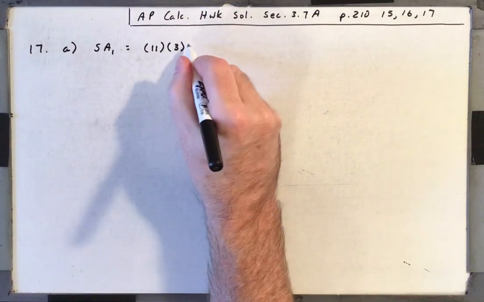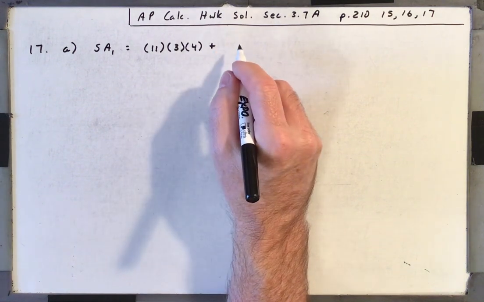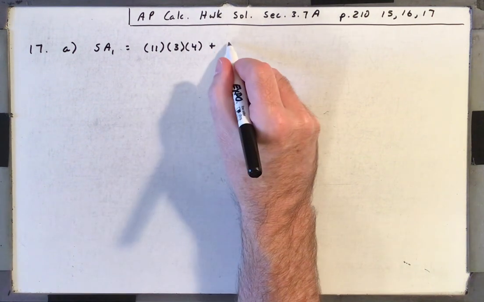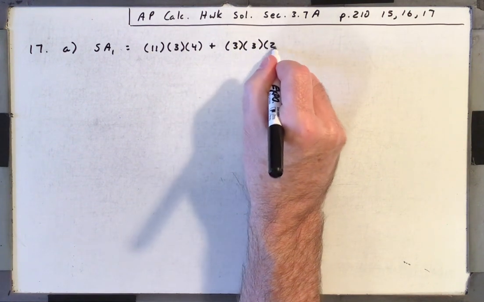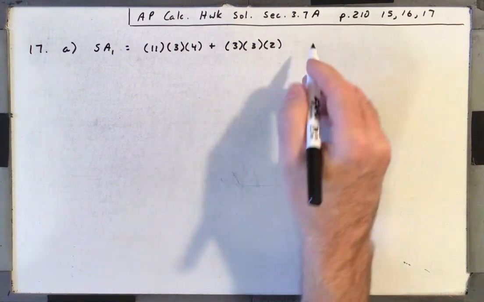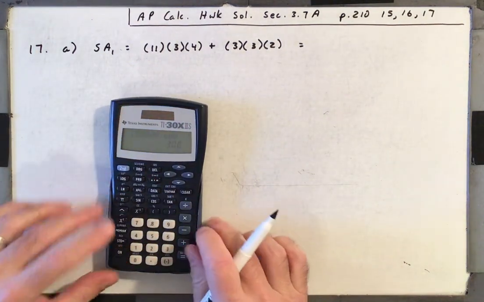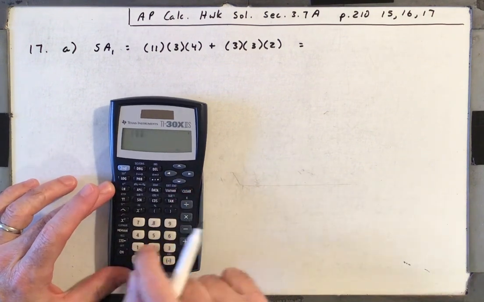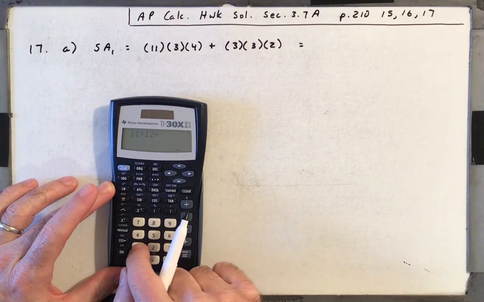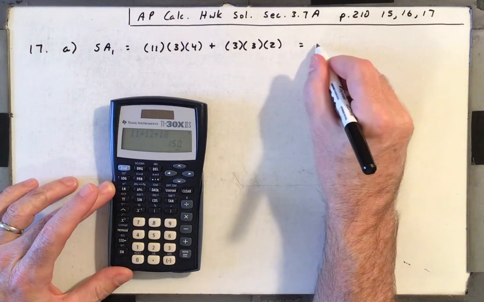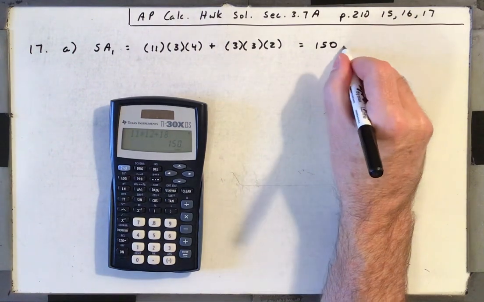So times 4. Plus then there's the top and the bottom. So that would be 3 times 3 times 2. So the top and the bottom there. All right, so that's 11 times 12 plus 9 times 18, and that's 150. And that would be in square inches.